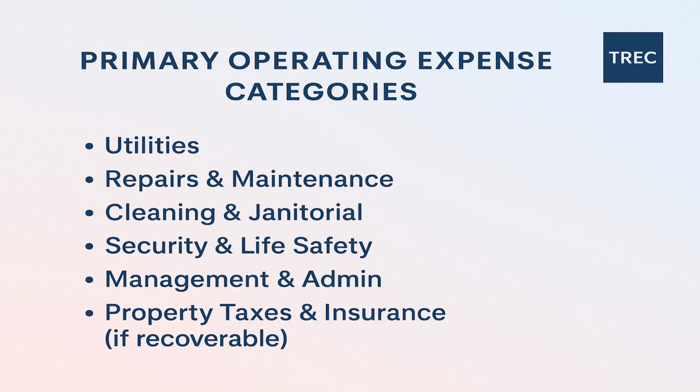Management and administrative, fees for professional management plus certain admin costs. And in many cases, property taxes and insurance are included in what you pay as a pass-through. Even if they're listed separately from CAM, in your lease, these might be defined in a paragraph or two, or several pages.